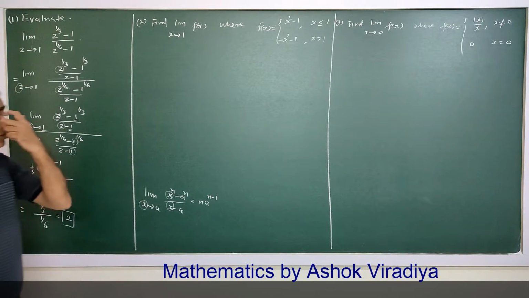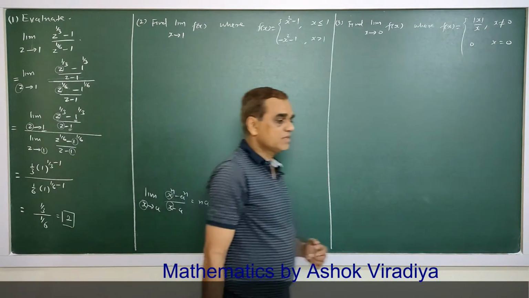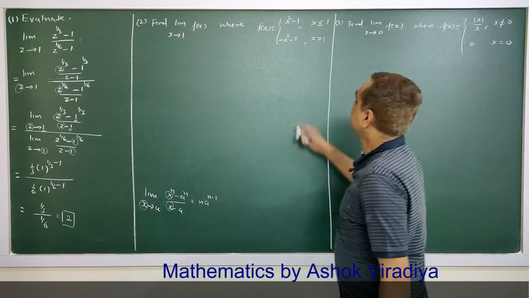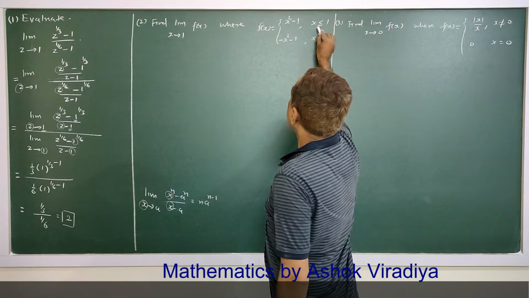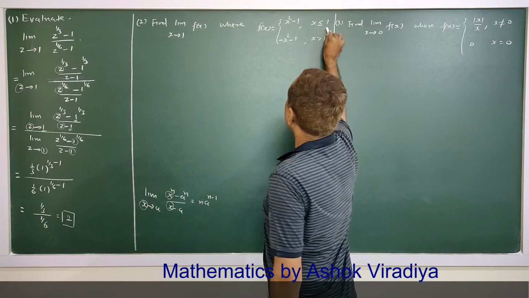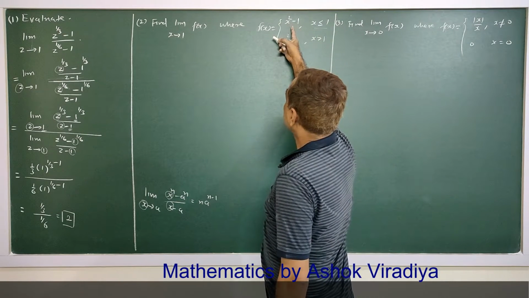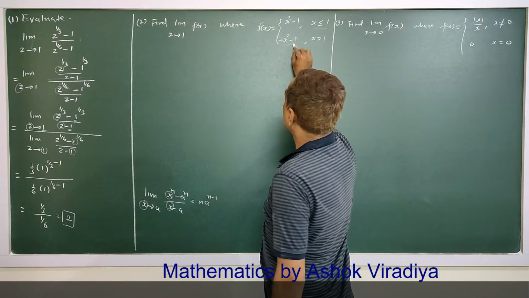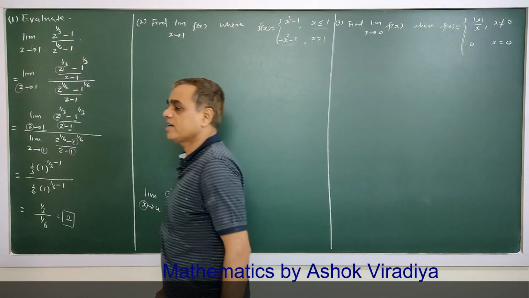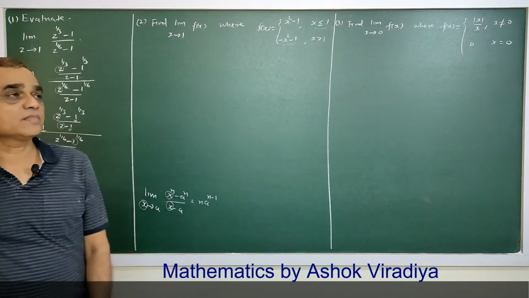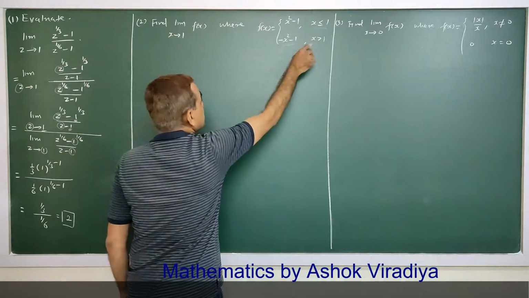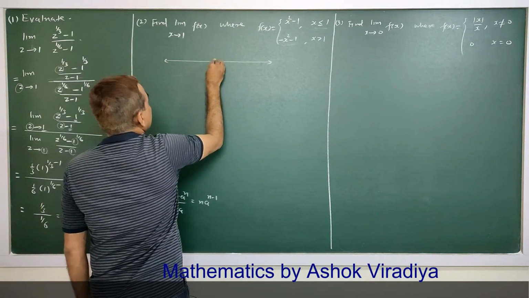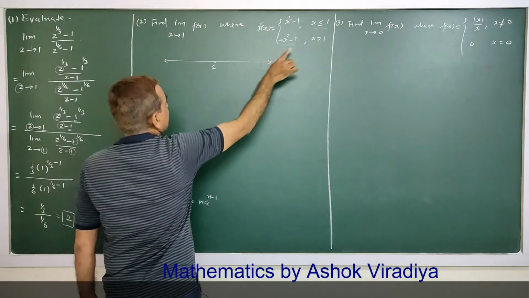Now here, say this function is defined such that if x is less than or equal to 1, it works by this formula, and if x is more than or equal to 1, it works by this formula. Here the function is changing its value at 1.